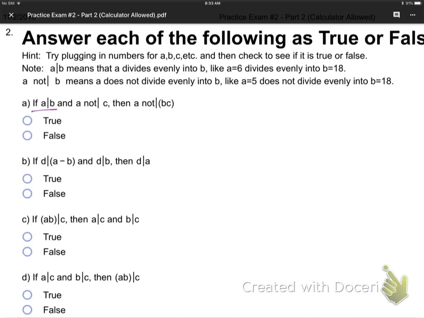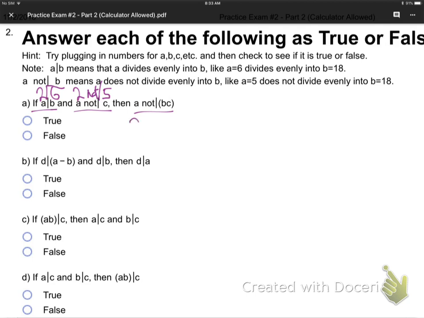Okay, if A divides B and A does not divide C, then A does not divide BC. So you got to pick an A that goes into B, like maybe 2 goes into 6, and 2 does not go into, I don't know, like 5. So I made the if work. I picked an A that goes into 6, 2 goes into 6, but does not go into 5.